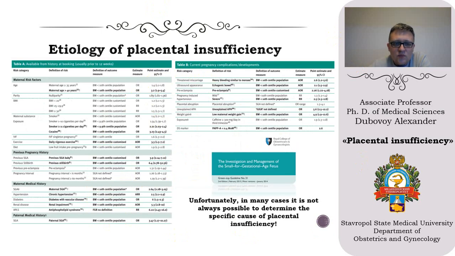Now we can move from general causes of placenta insufficiency to specific ones. A larger role in the formation of placenta insufficiency is played by the woman's age, parity, obesity or underweight, in vitro fertilization, the level of physical activity, and adherence to a particular diet.